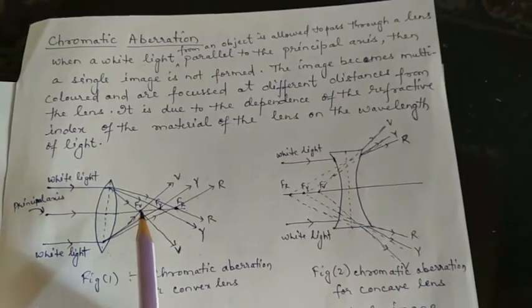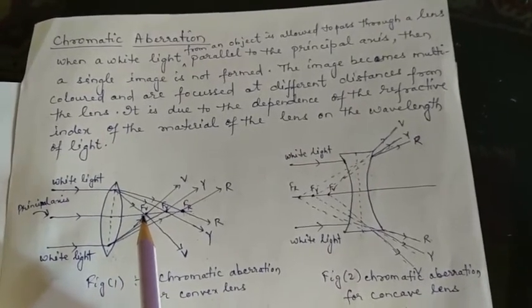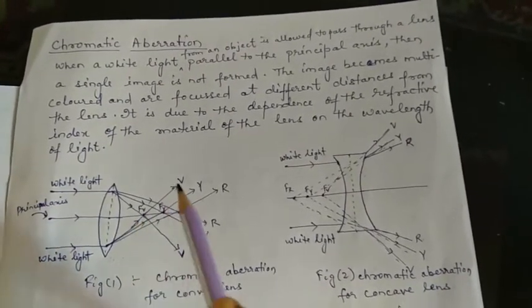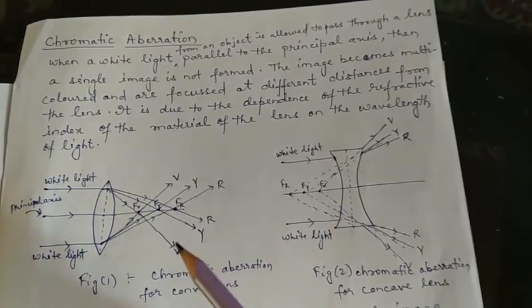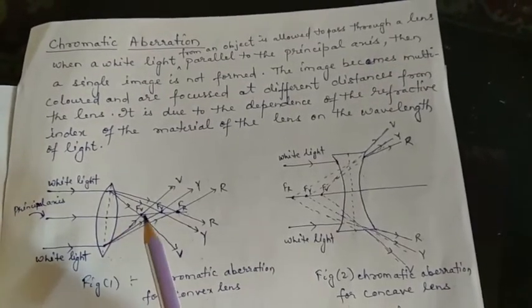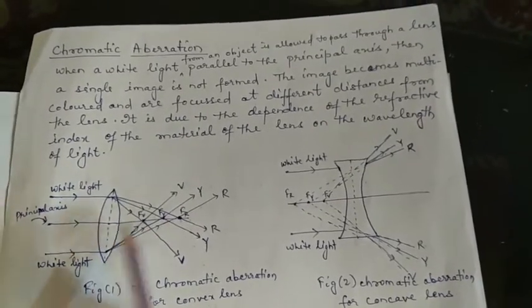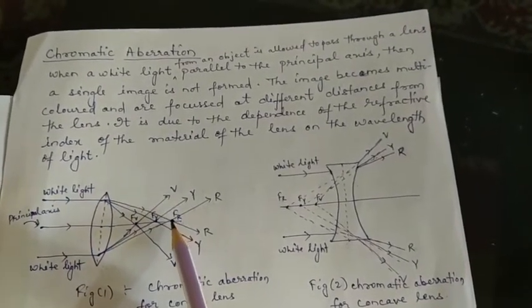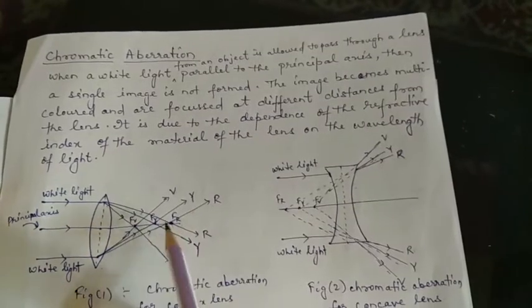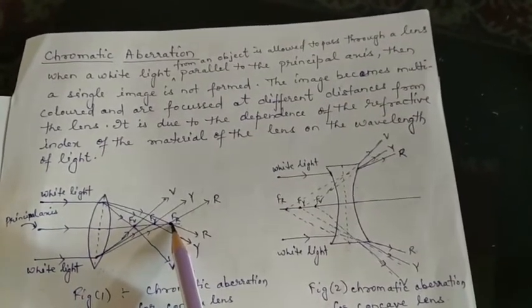Now, as the refractive index is more for violet than the refractive index of red, it gets nearer to the lens, whereas the red image is far away from the lens.